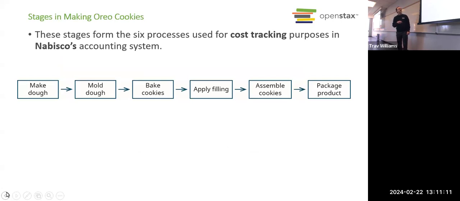So we looked at how we have multiple departments theoretically involved with production, right? So in process costing, each department has their own work in process account. They keep track of anything that got transferred in. So if you are in the dough molding department, whatever costs went into the dough, the material, the labor, any overhead that got applied here gets transferred when the product gets transferred to your department.